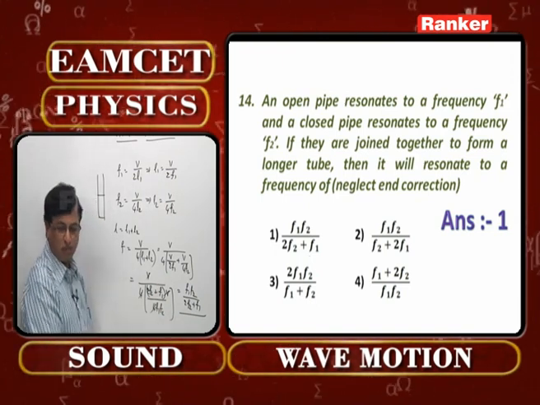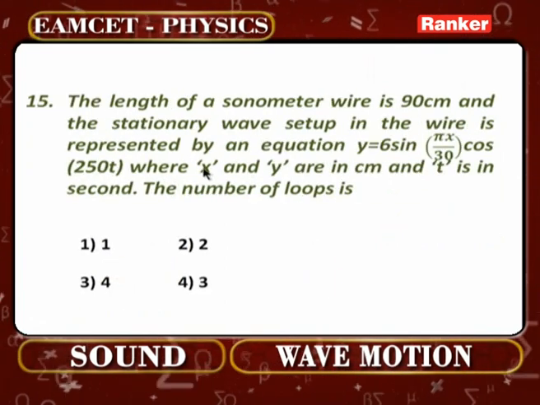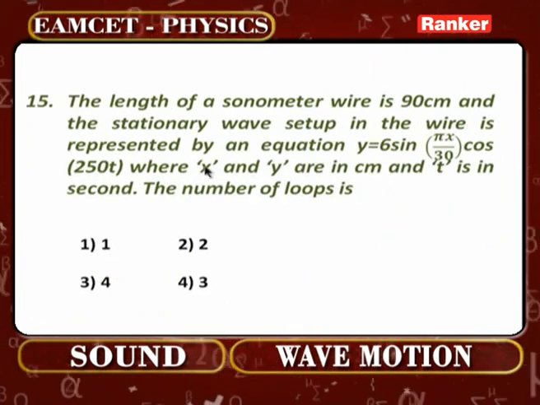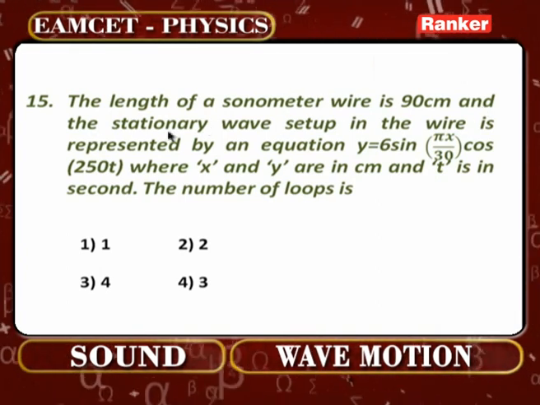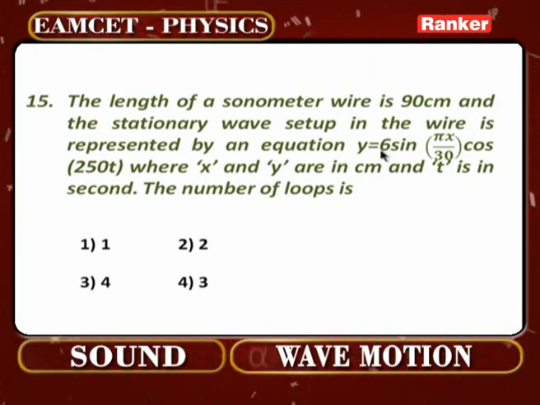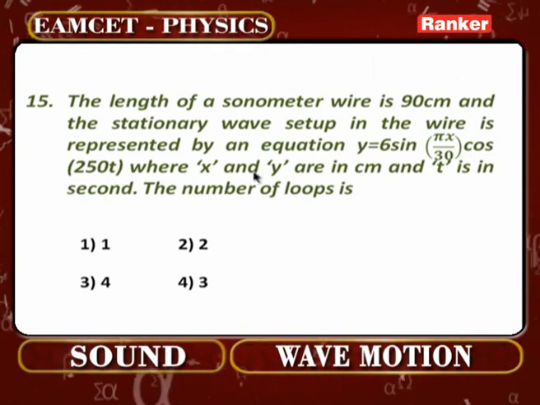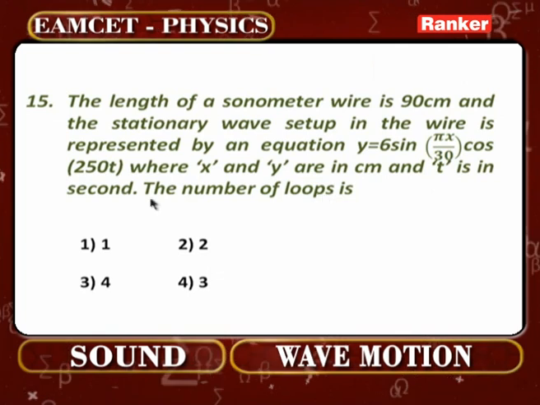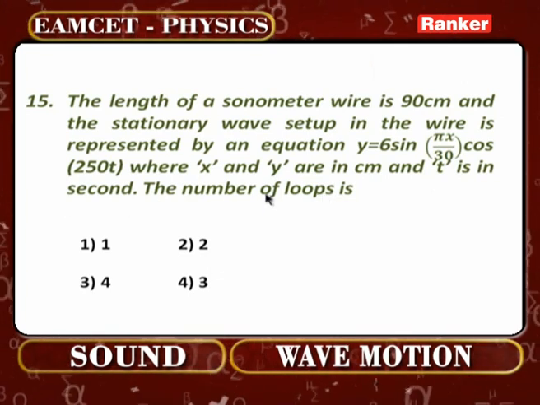Check the next problem. Problem number 15 this time. The concept here is the length of sonometer wire is 90 centimeter. And the stationary wave setup in the wire is represented by an equation y is equal to 6 sin pi x by 30 cos 250t, where x and y are in centimeter and t is in second. Number of loops formed over there will be how much?